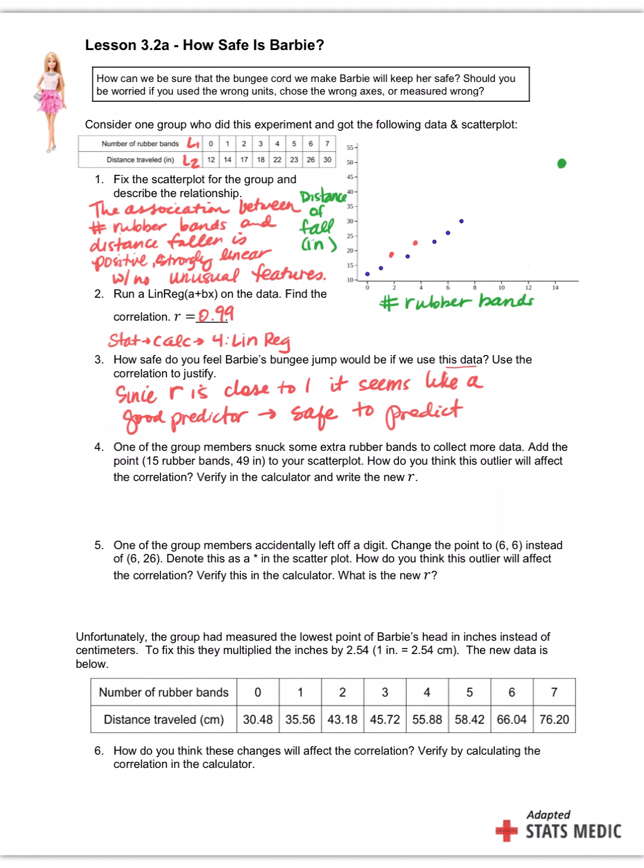So definite outlier. Do you think it's going to strengthen the R value or weaken it? Remember, R is a measurement of how closely it resembles a line. So does it fall in line with the other data? Yeah. It does, doesn't it? So this would strengthen our R value, okay?